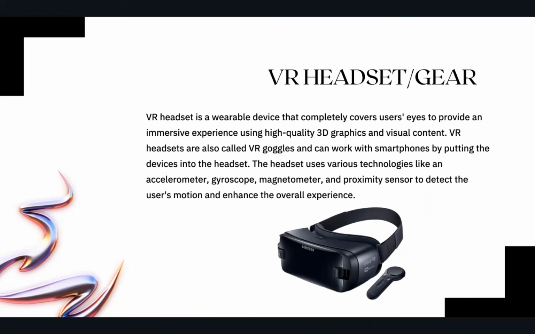VR headsets are also called VR goggles and can work with a smartphone by putting the device into the headset. The headset uses various technologies like an accelerometer, gyroscope, magnetometer, and proximity sensor to detect the user's motion and enhance the overall experience.